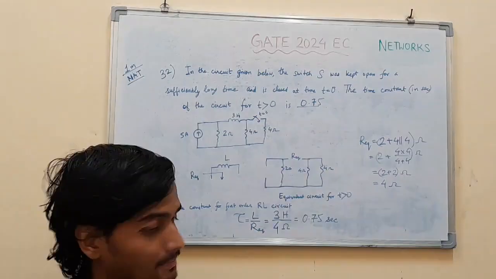This is 3 ohms, this is Vx, this is also Vx. Okay, this is the circuit. And it is asked, the value of RL is dash in ohms.